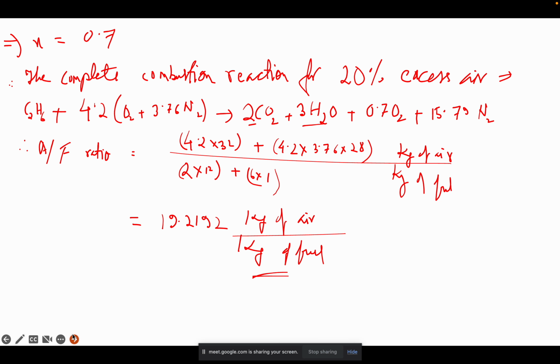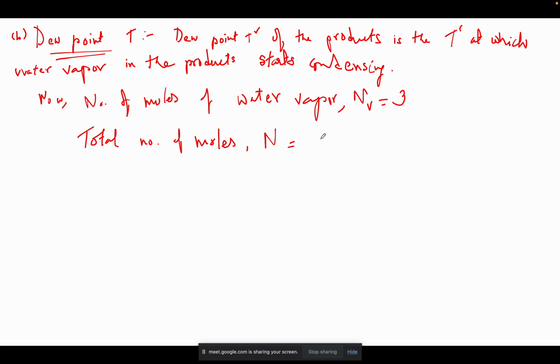So 2 plus 3 plus 0.7 plus 15.79, so this is 21.49 kilomole.